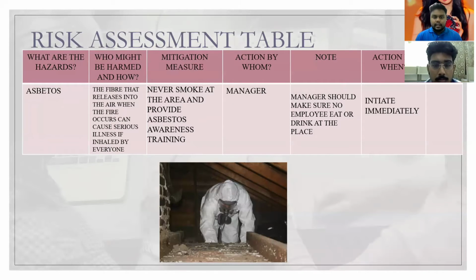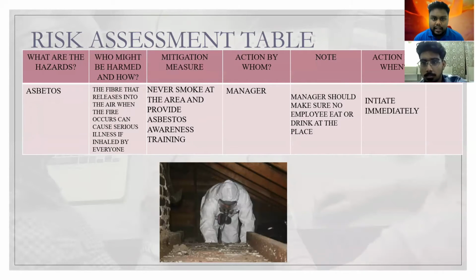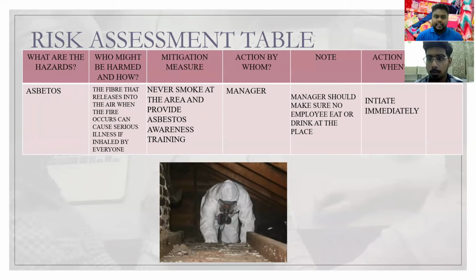The next aspect is who might be harmed and how. The fibers that are released into the air when a fire occurs can cause serious illness if inhaled by everyone. So if suddenly a fire happens, the asbestos will be released into the air, and the air can cause illness if inhaled by everyone.